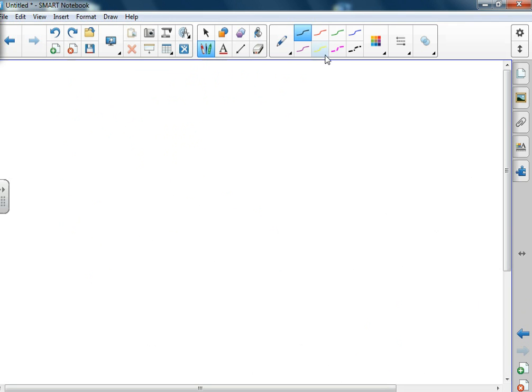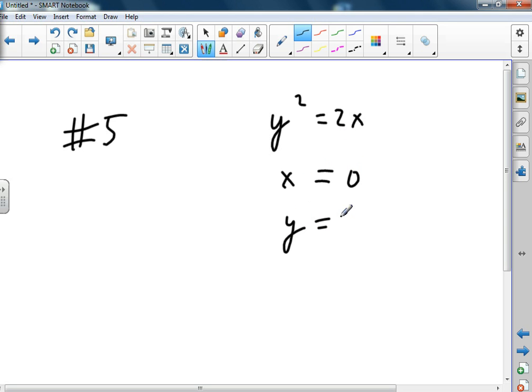Okay, so remembering all that, we're going to look at number 5. Now, I hope that number 5 is the same as the number 5 we just did, and it's not. Bummer, it's a different number 5. I thought sure it'd be the same number 5, and then we could have the same answer. Y squared is equal to 2x. X is equal to 0. Y is equal to 2. About the x-axis.